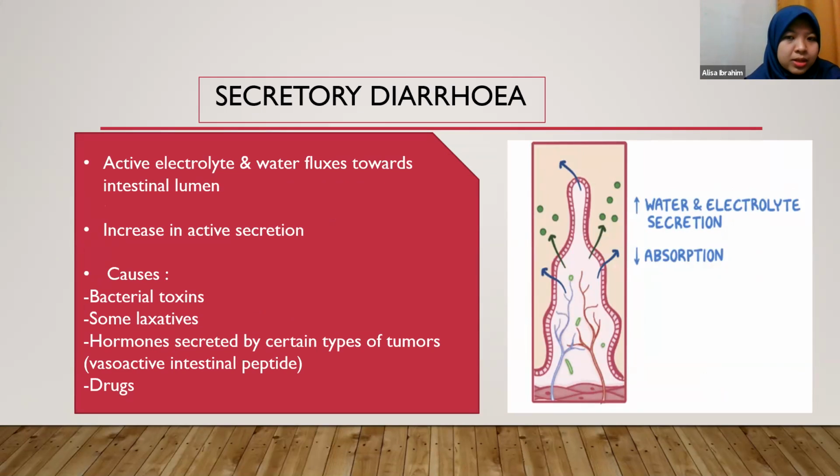It occurs due to the presence of bacterial toxins such as Vibrio cholerae, which release enterotoxin that causes massive secretion of chloride and water. It also occurs with the use of some laxatives, or hormones secreted by certain types of tumor, such as VIPoma, that release vasoactive intestinal peptide, and with the use of some drugs.